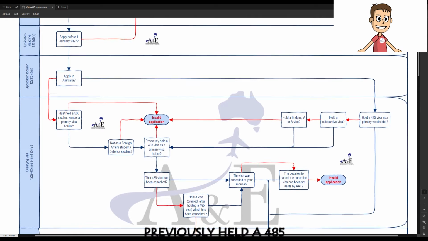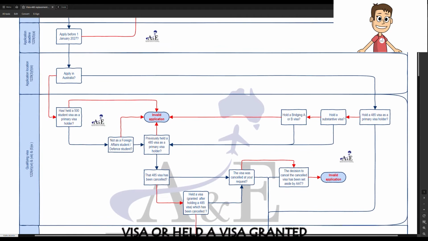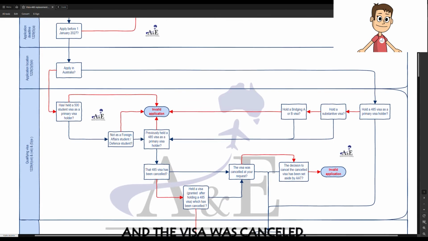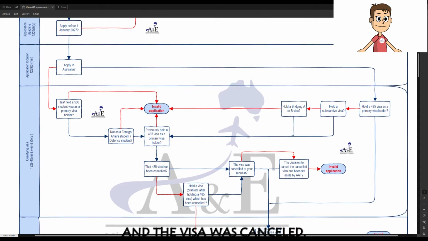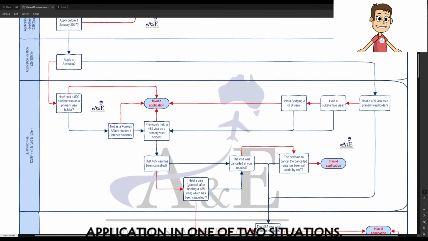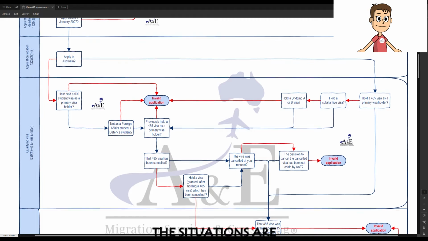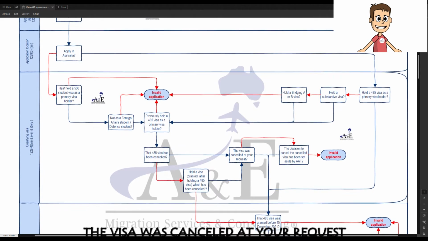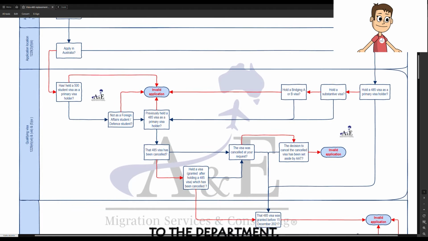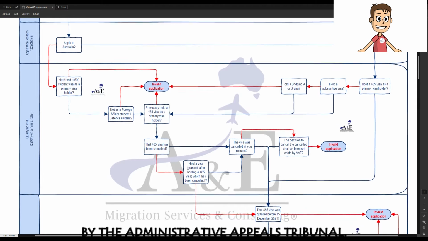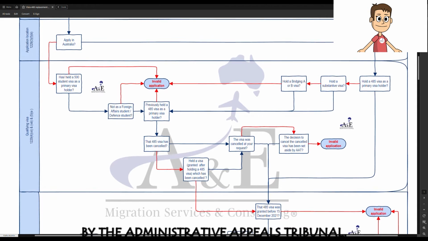If you previously held a 485 visa or held a visa granted after holding a 485 visa, and the visa was cancelled, you could only submit a valid visa application in one of 2 situations. The situations are: the visa was cancelled at your request to the department, or the decision to cancel the visa has been set aside by the Administrative Appeals Tribunal.